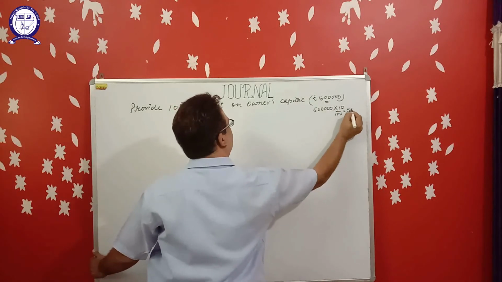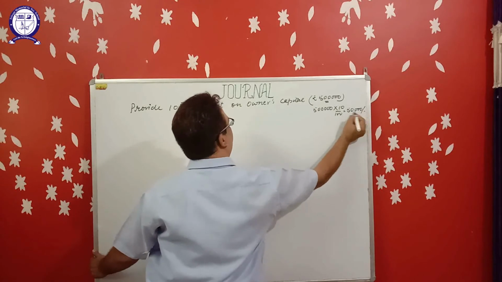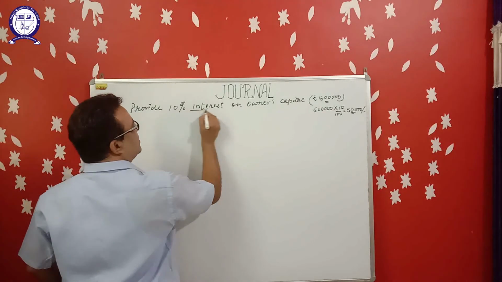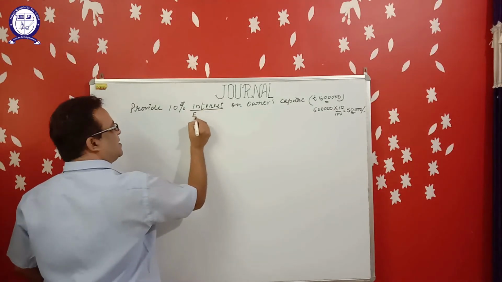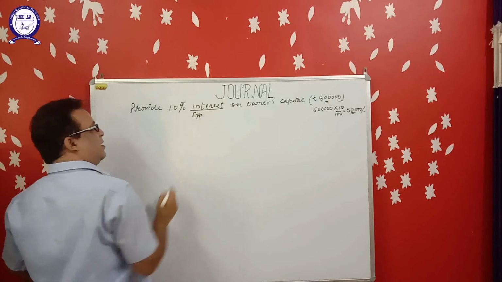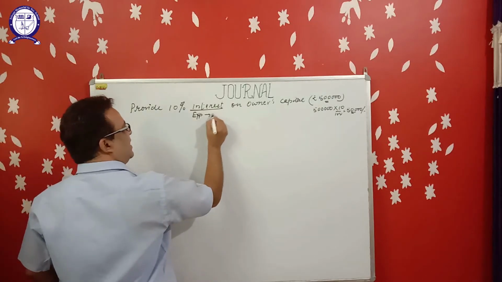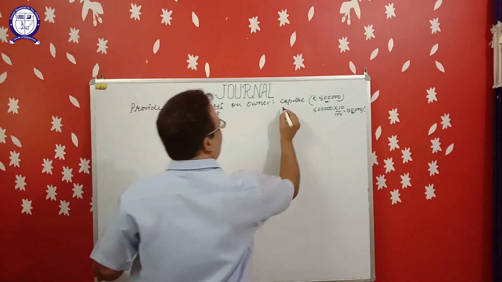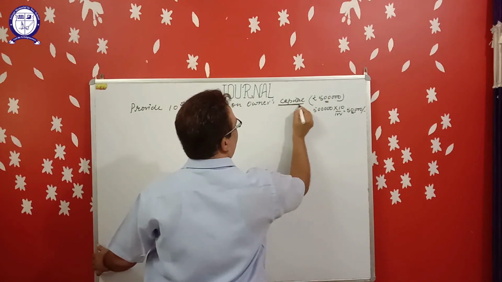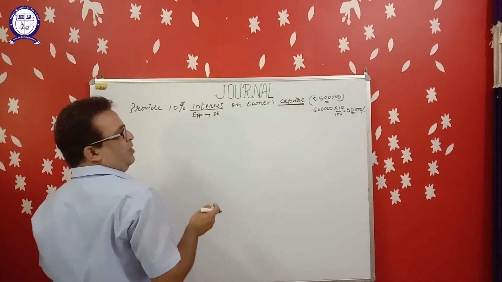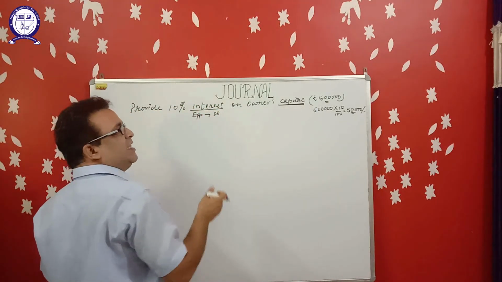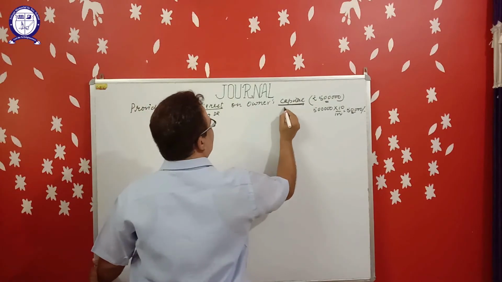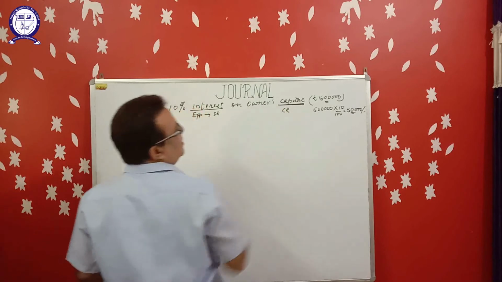That means 50,000. So what will be the journal entries? Two accounts are affected here. Number one, interest. It is an expense for the business. That's why it will be debited. On the other hand, the second account is capital account. When we provide interest to the owner, we credit the amount of interest in the capital account. So capital increases. That's why this account will be credited.